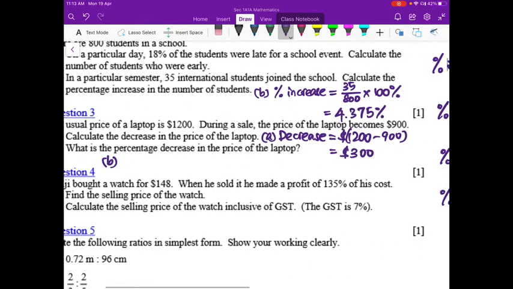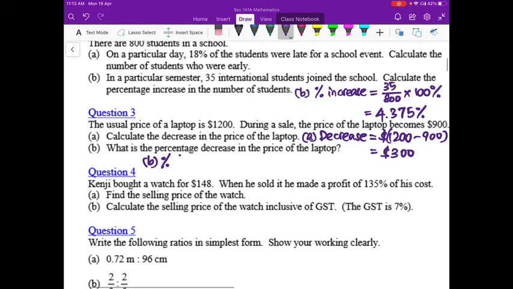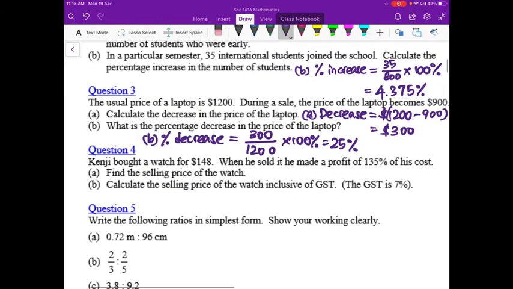Percentage decrease will be our decrease, which is 300 out of the original 1,200, original times 100%. 25%, yes. The decrease is 25%. So until here, under this question, difficult or not? Then what do you all say is difficult? Then during the test, I'm not with you.